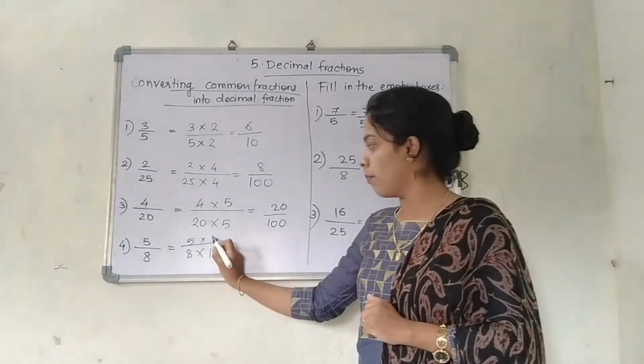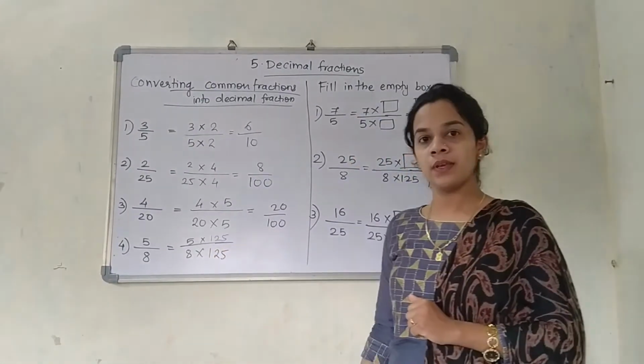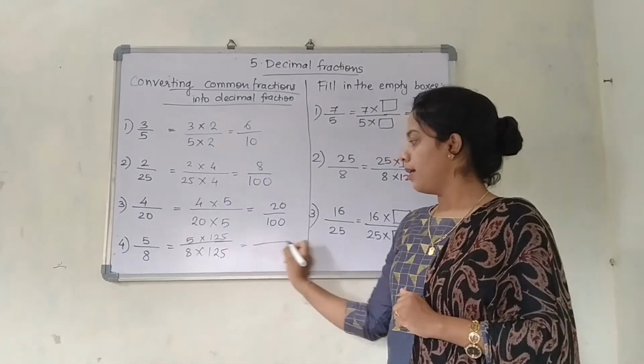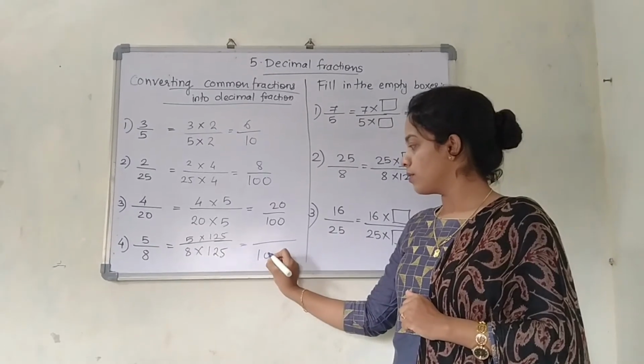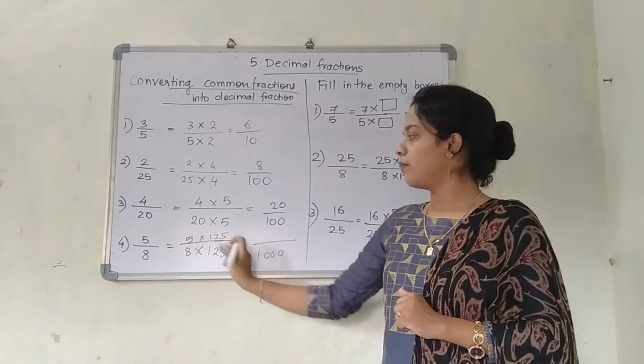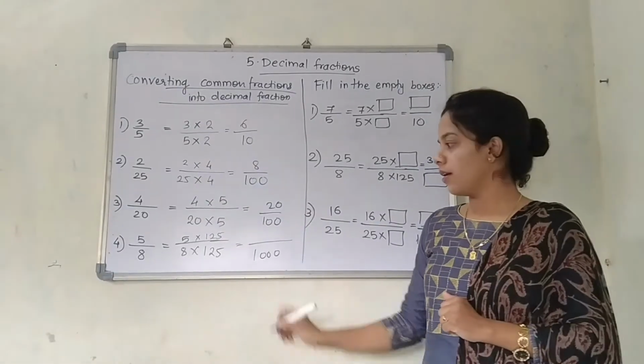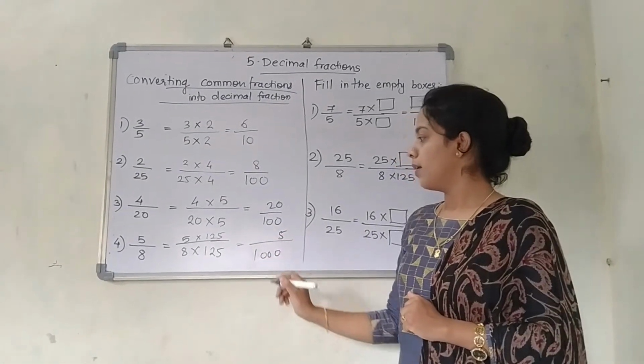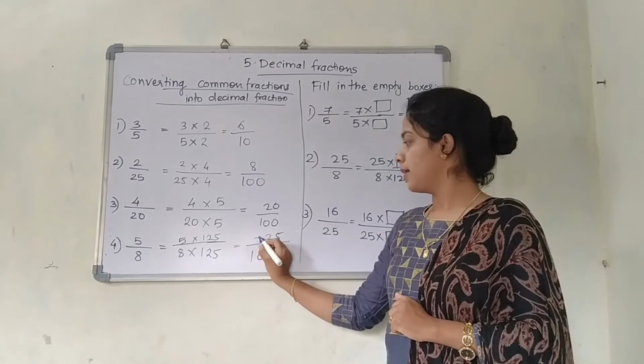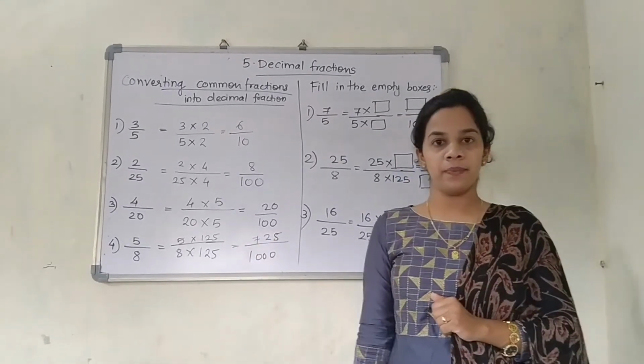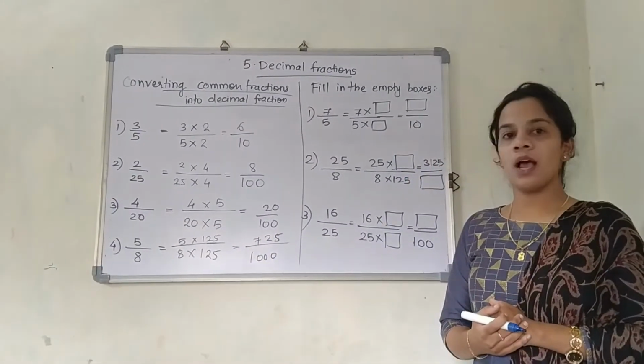So I will multiply the numerator also by 125. So 8 into 125 is 1000 and 5 into 125 is 725.